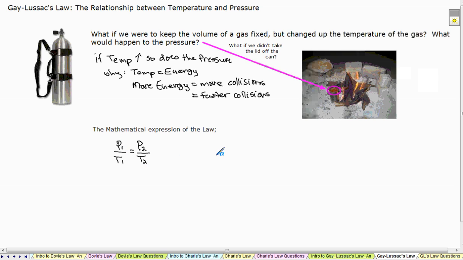And remember, whenever we would graph a relationship like this out, if we have pressure here and temperature here, we notice that we're always going to get a linear relationship. And so we'll get a line, and because we get that line, that means that our slope is constant.